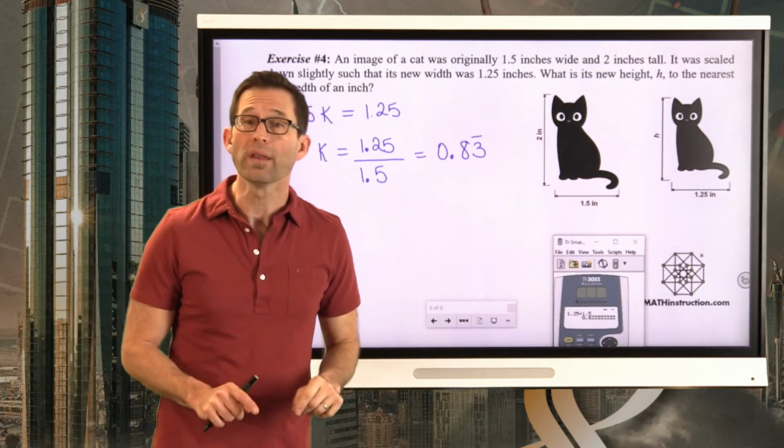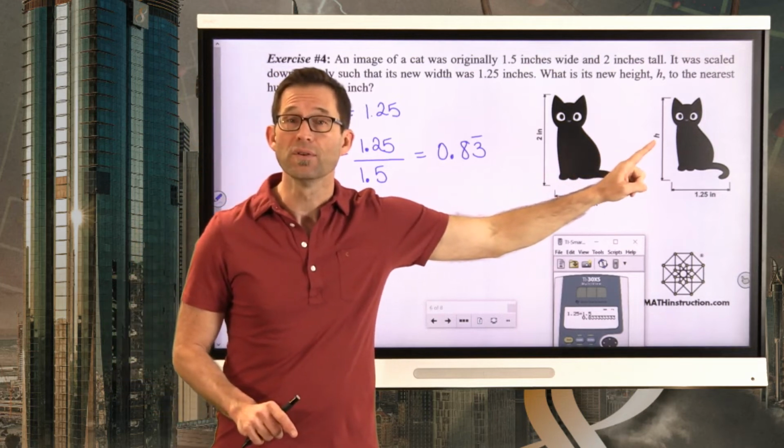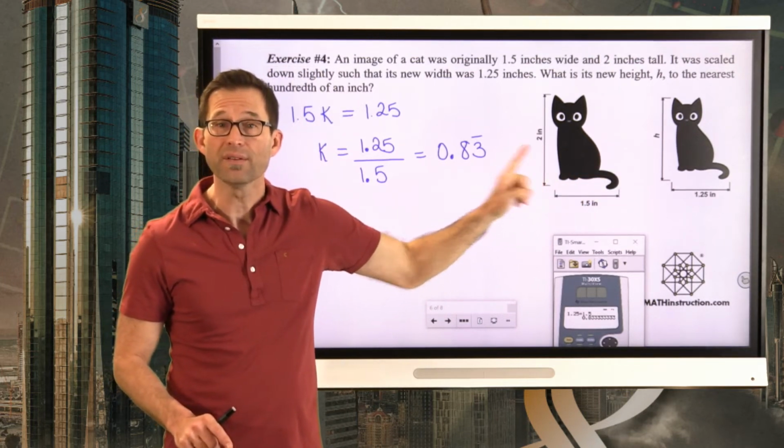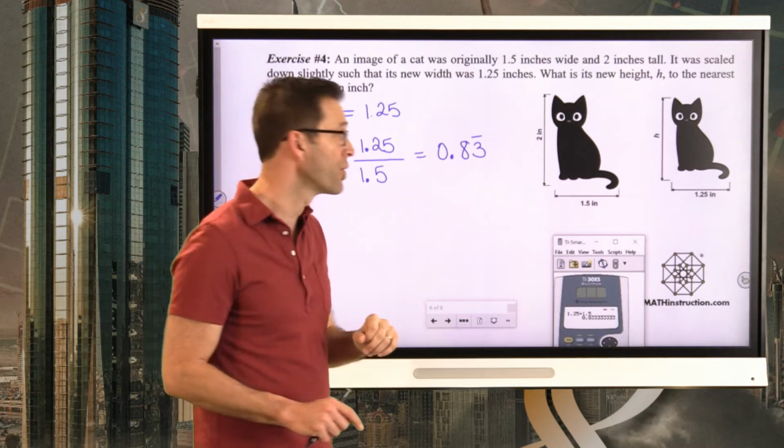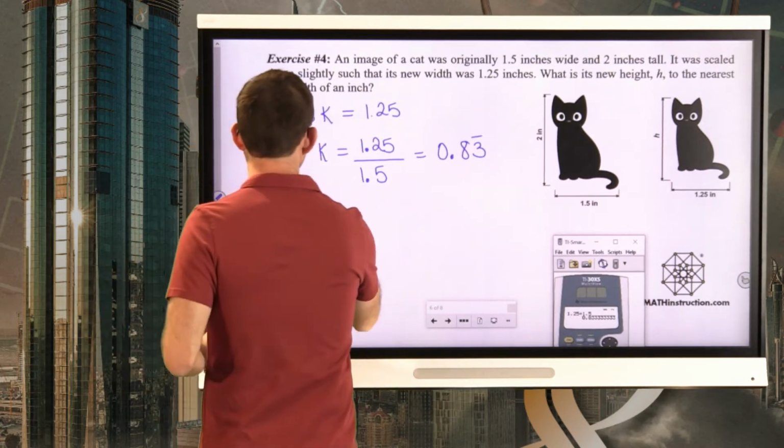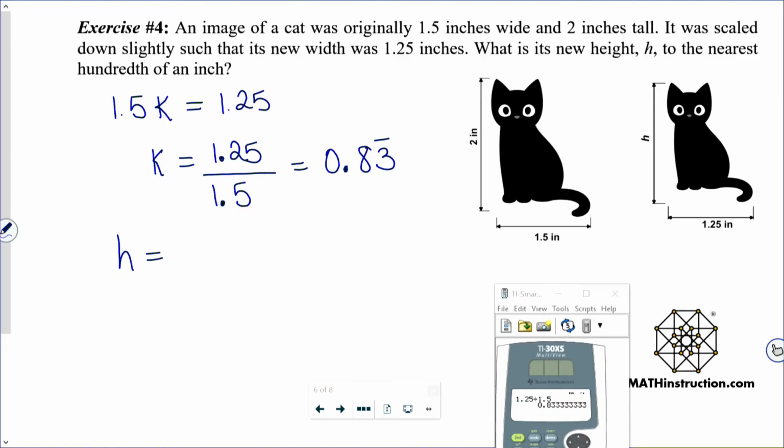But now it's quite easy to figure out the height of this image by simply scaling by the same amount. So I can now say that h is going to be equal to k times that 2 inches. So that's going to be 0.83 repeated times 2 inches.